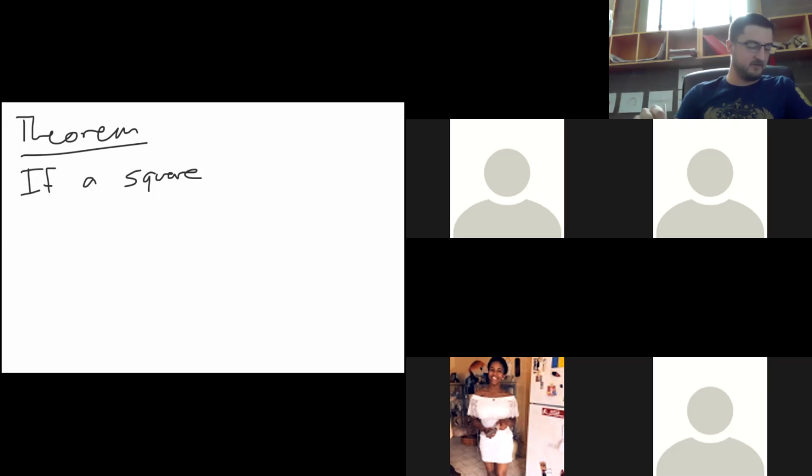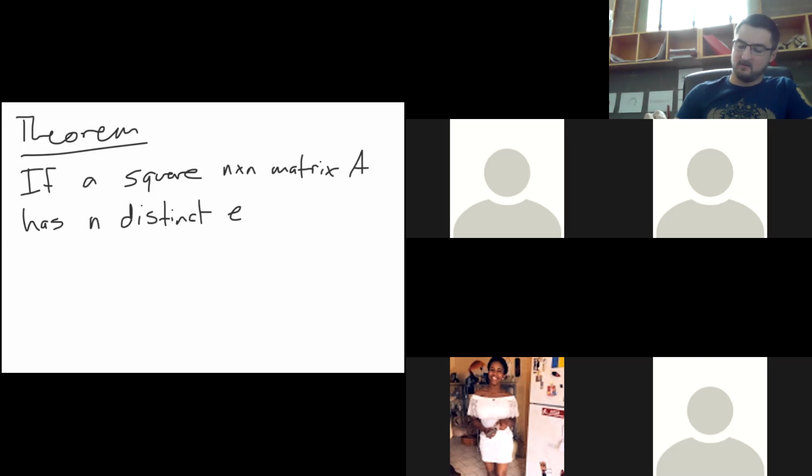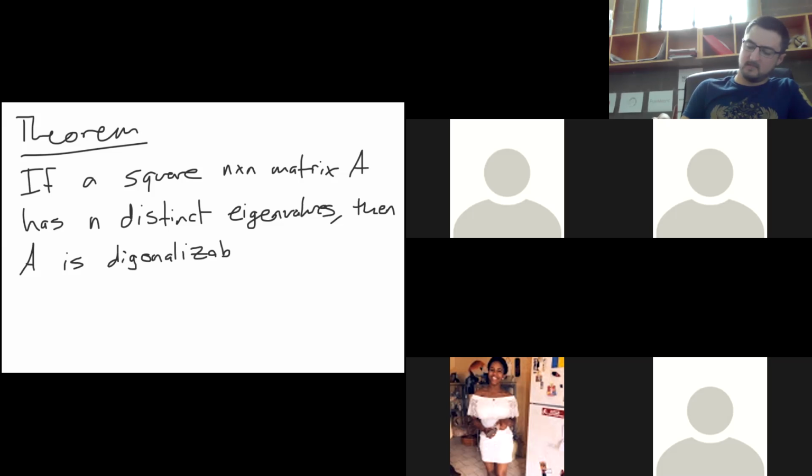So this theorem: if a square n by n matrix A has n distinct eigenvalues, then A is diagonalizable. This means I don't have eigenvalues with multiplicities.